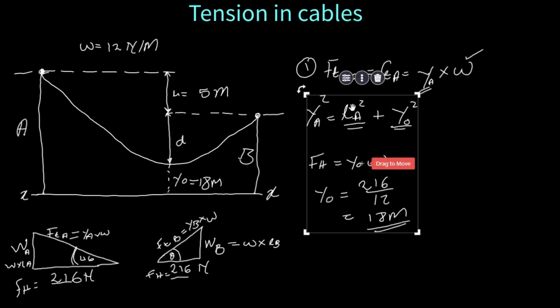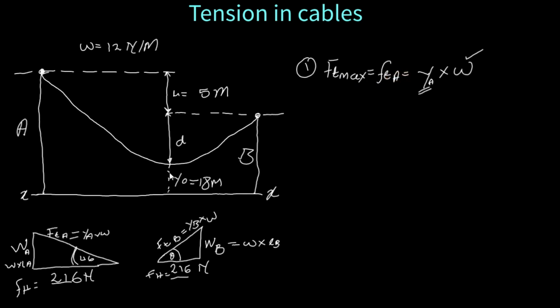Erase all of this. We are looking for LA, which is the length of the cable from the turning point to the top of support number A. We can find LA from the weight, which is the total weight WA, which is given by W times LA. We have this, we do not have this. So first let's calculate for this. We can use trig ratios from this triangle.